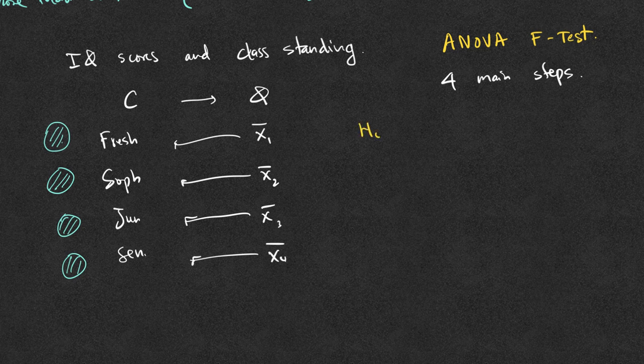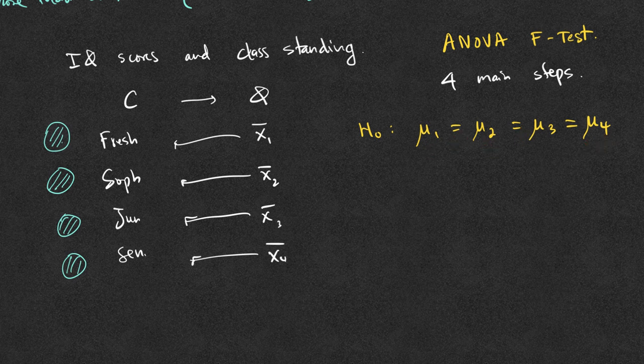The null hypothesis is the statement of indifference. So in this case, we would assume mu1 equals mu2 equals mu3 equals mu4. Remember that we only have 4 subpopulations here. If we have n subpopulations, we would let mu1 equals mu2 equals all the way to mu n.